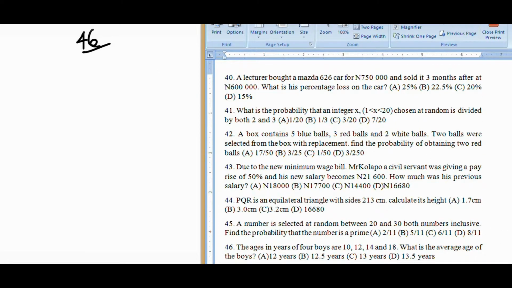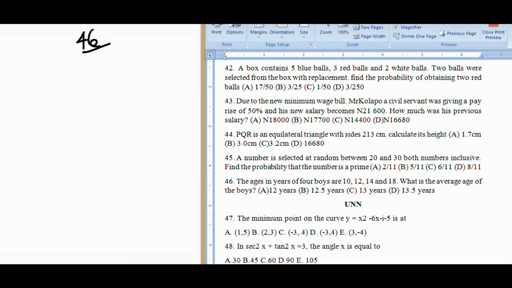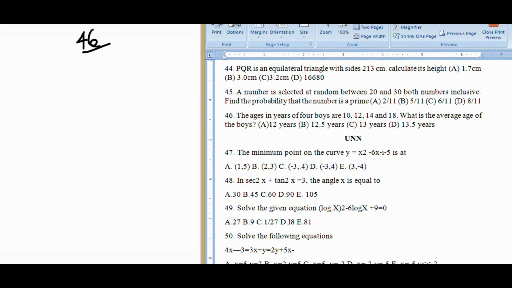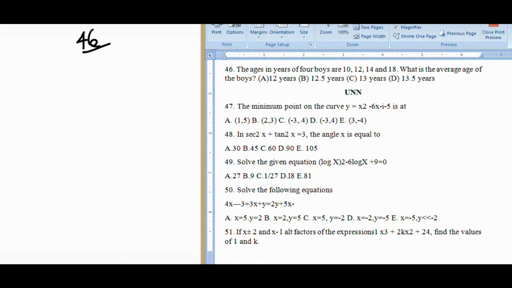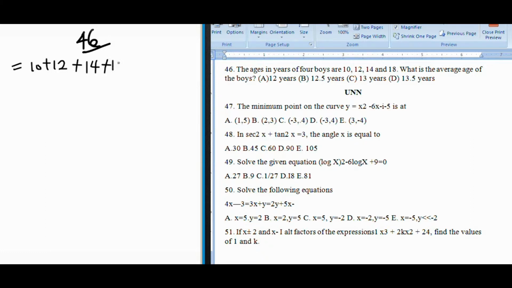The average age of the boys will be equal to 10 plus 12 plus 14 plus 18 all over 4. 12 plus 18 gives us 30, 30 plus 10 gives us 40, and plus 14 is 54, all over 4. Everything together will give us 13.5 years. That is option D.